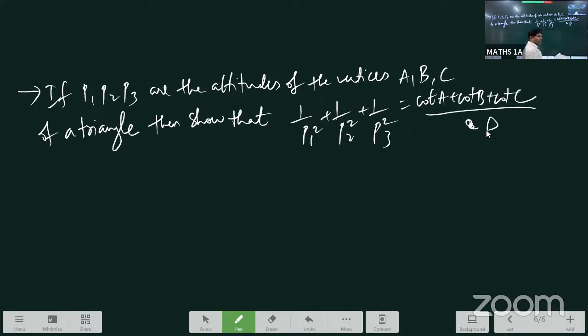Right? Already yesterday we did this kind of sum.